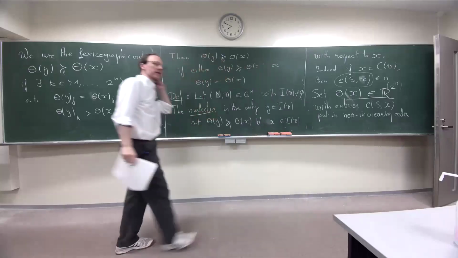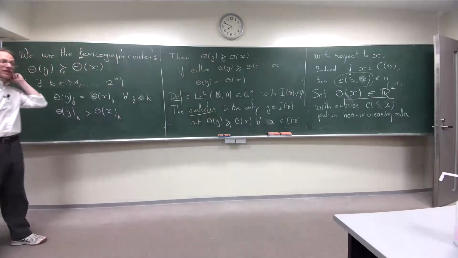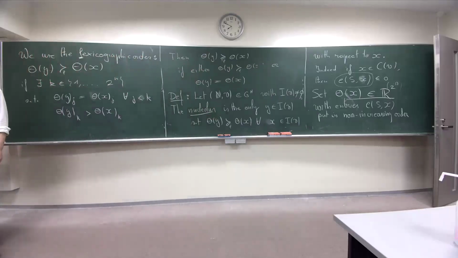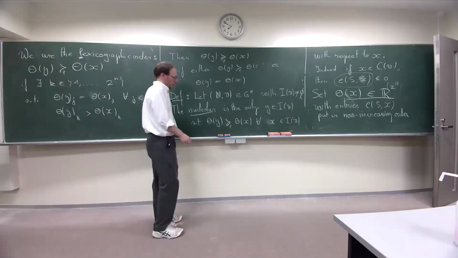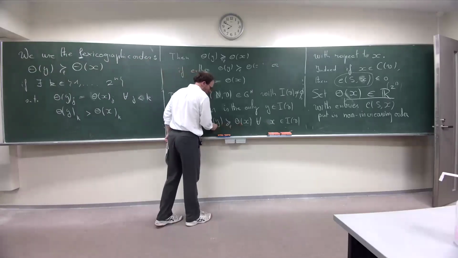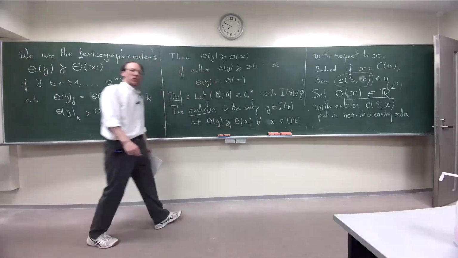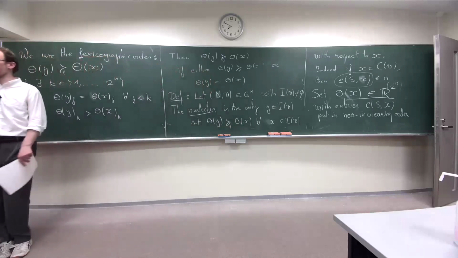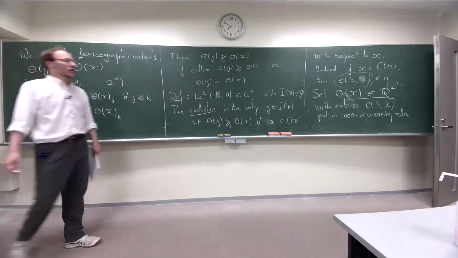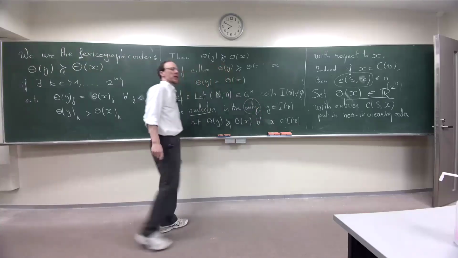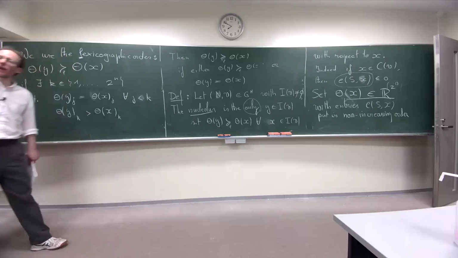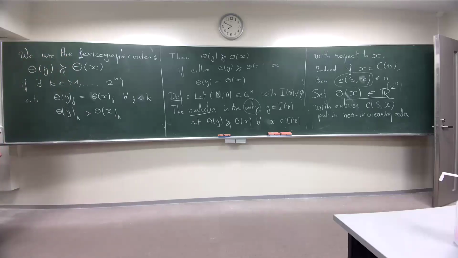So this is not clear. For this definition, you need to prove something. For any point, you can construct these vectors and compare them. What is not clear is that there is only one which is bigger than all the other ones.